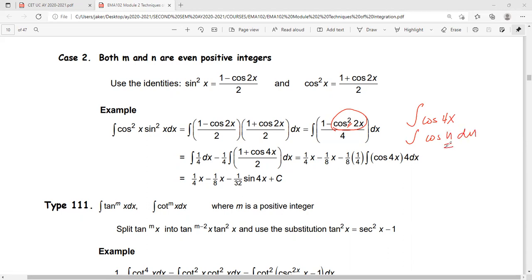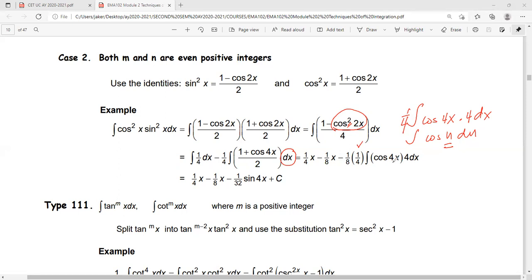The derivative of the u should be together with it or should be multiplied to it. That way you can answer a sine of 4x here. So in this case, since you only have dx here, you need to introduce the 4. The derivative of 4x is 4 dx. So you place here 1/4. That's the reason why, aside from the 1/8 here, you have 1/4.